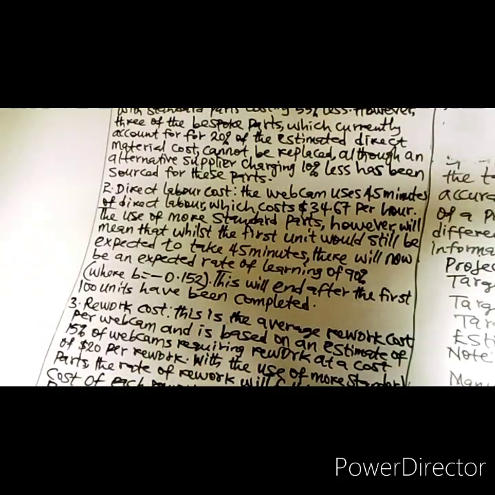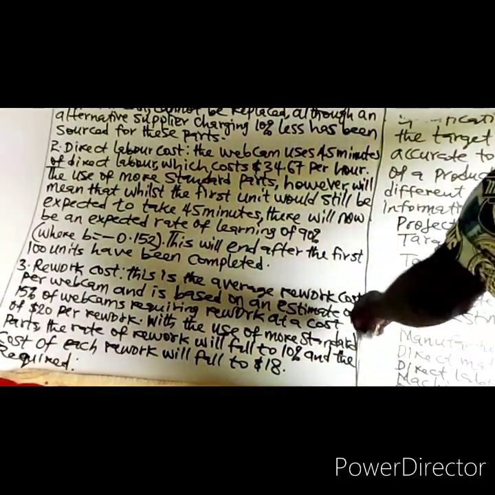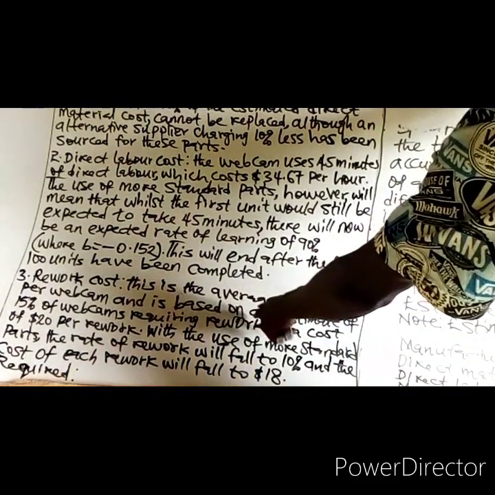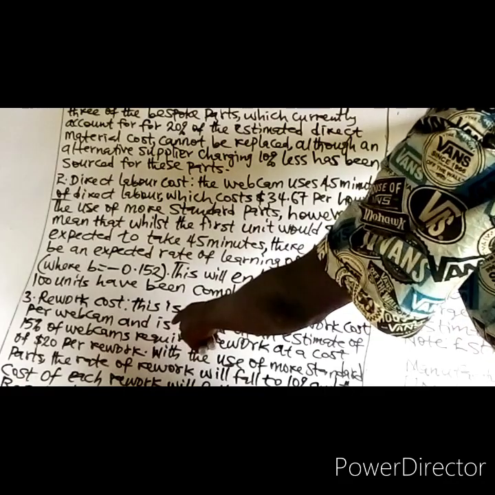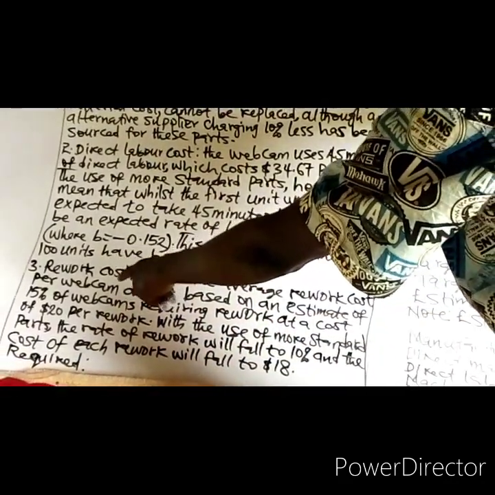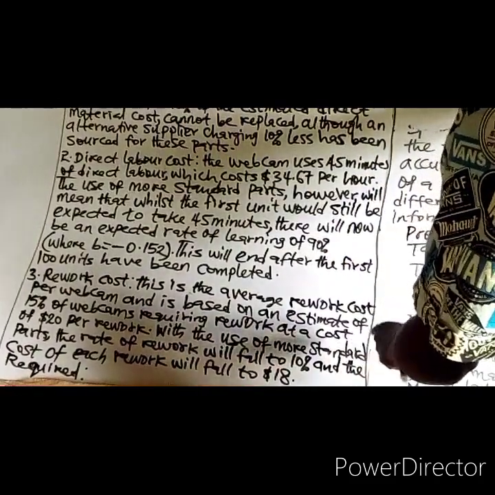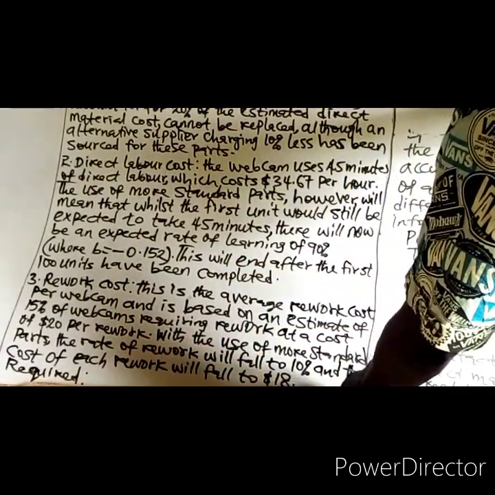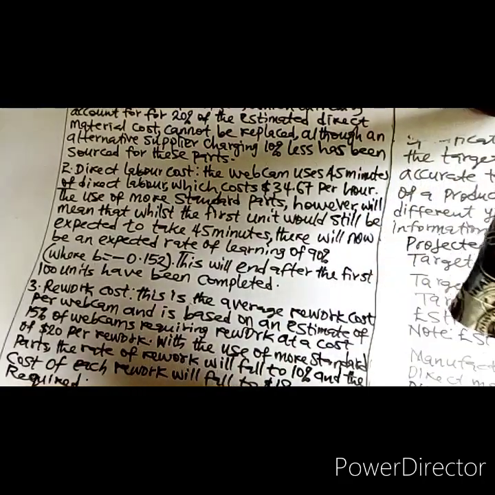3. Rework cost. This is the average rework cost per webcam and is based on an estimate of 15% of webcams requiring rework at a cost of $20 per rework. With the use of more standard parts, the rate of rework will fall to 10% and the cost of each rework will fall to $18.